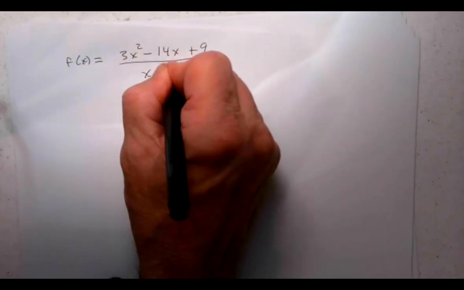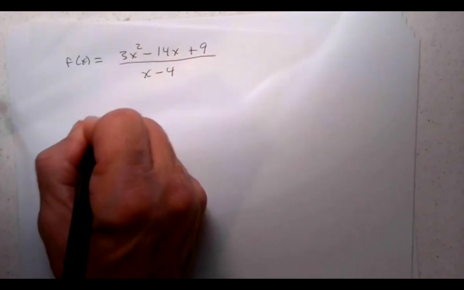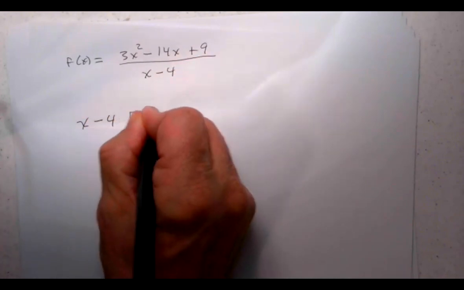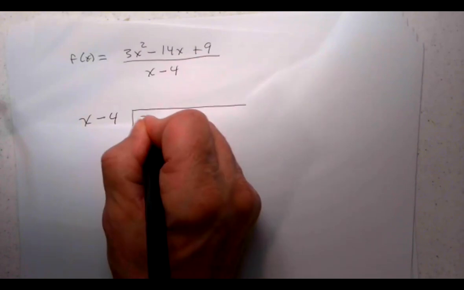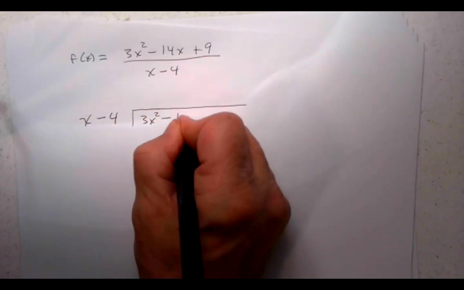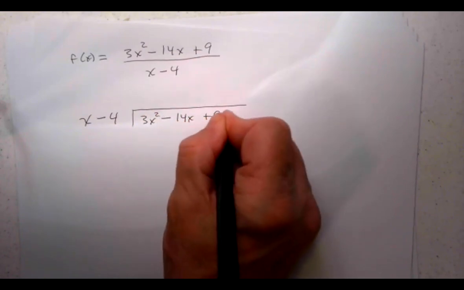I will do polynomial long division first. x minus 4 into 3x squared minus 14x plus 9.